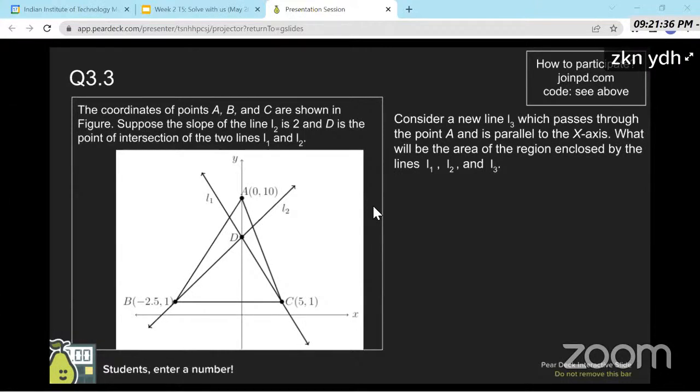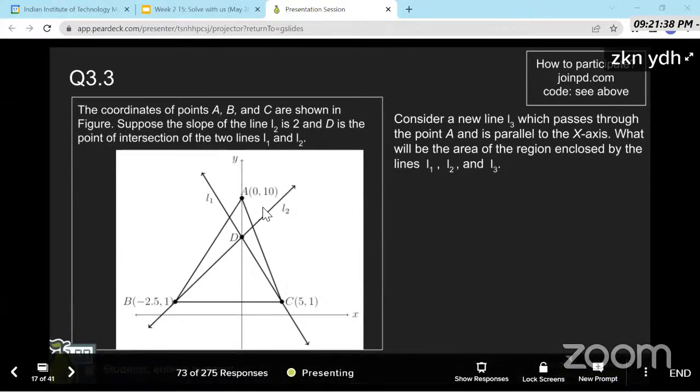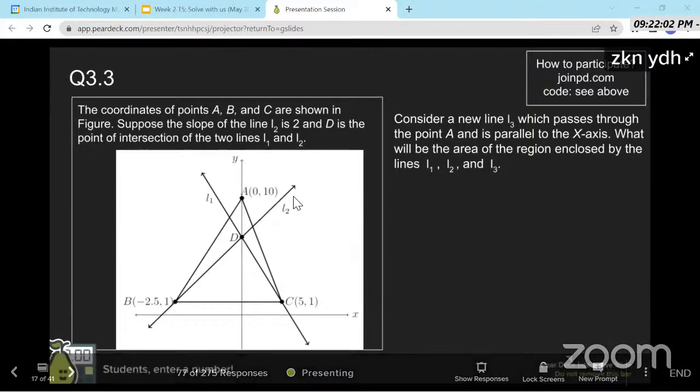The height of the triangle DBC is at a predefined, evaluated ratio to the triangle formed by L1, point D, L2 and the line parallel to the x-axis which cuts L1 and L2 via point A.